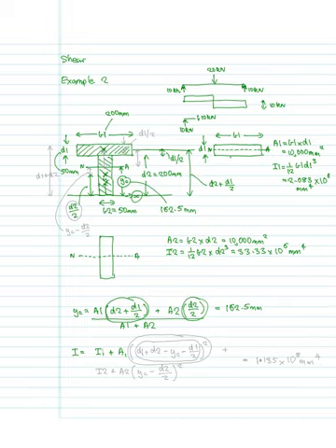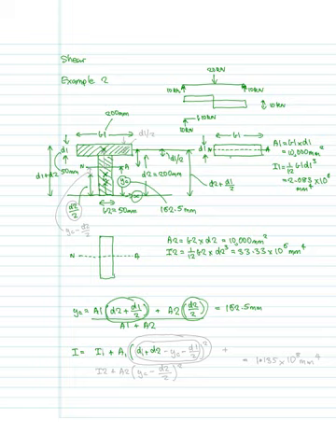So in the case of the first section, which is going to be A1, we're going to want to move that distance from the centroid down to the neutral axis. So we want to find that distance there. So the easiest way to do it is work out the whole depth of the section. So the whole depth of the section is going to be D1 plus D2.